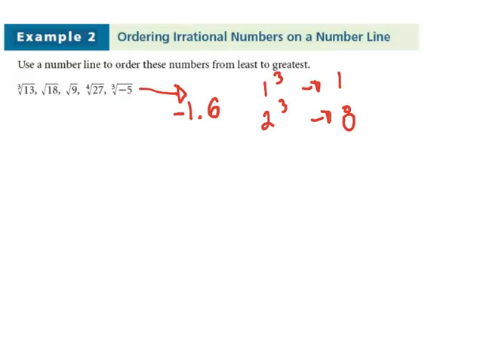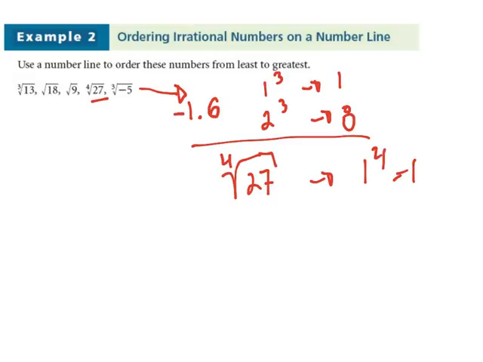How about the root of 27? You have to play around a little bit with this one. So we know 1 to the power 4 is just 1 times 1 times 1 times 1. What about 2 to the power 4?